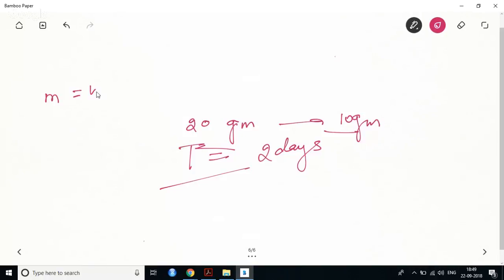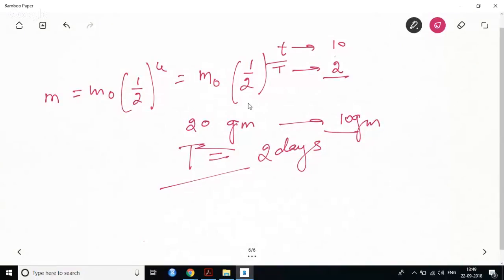M is equal to M naught, 1 by 2 to the power mu, which is equal to M naught, 1 by 2 to the power t divided by T. As simple as that. Now try to understand, this small t has been given as 10 days. Capital T, which is the half-life period, I know this is 2. It has been asked that after 10 days, how much amount would be undecayed, left out.